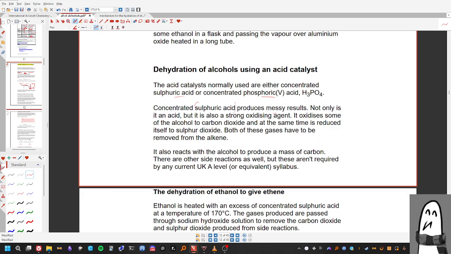Your alcohol has an OH group, and to oxidize that alcohol to carbon dioxide, your sulfuric acid turns it into CO2.